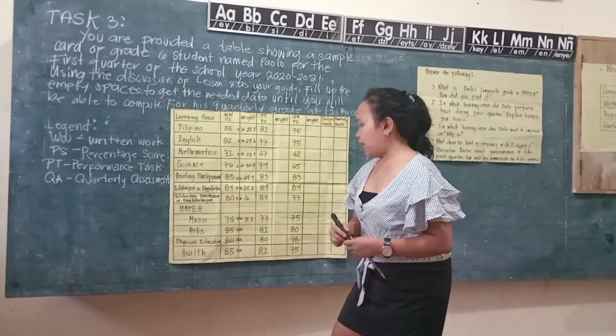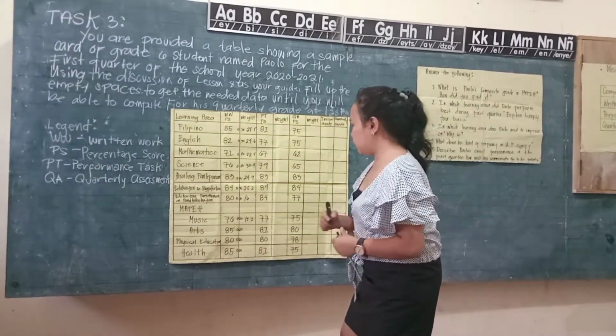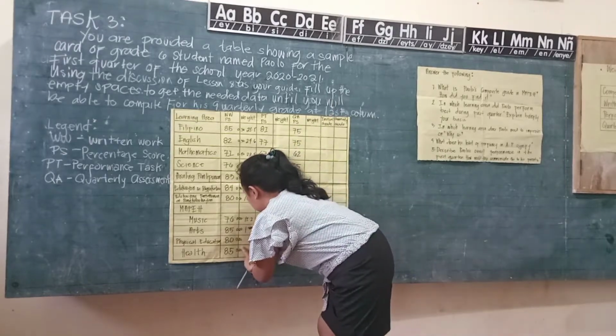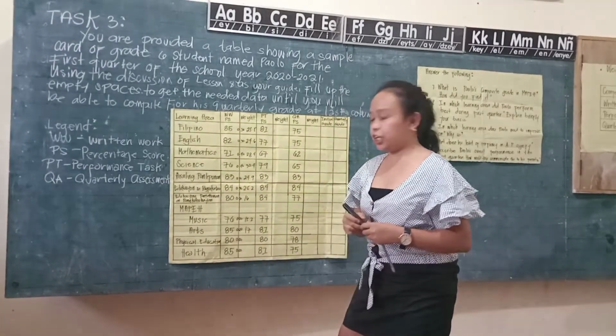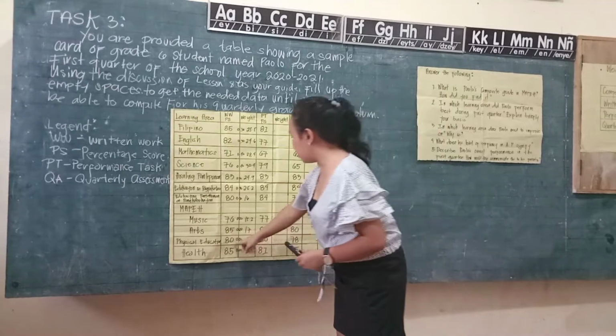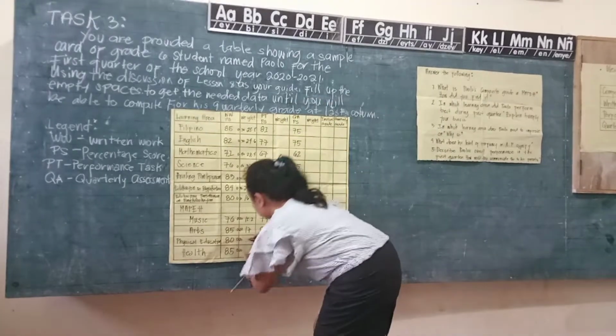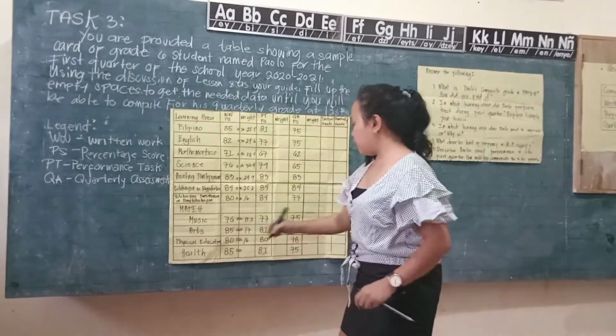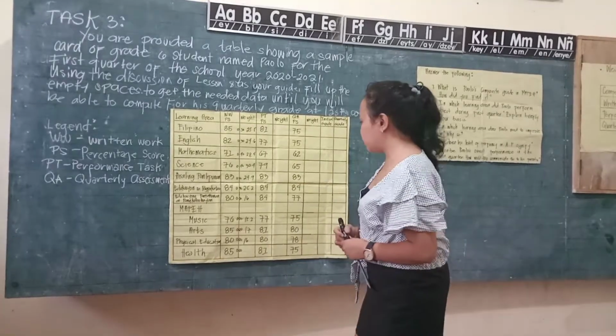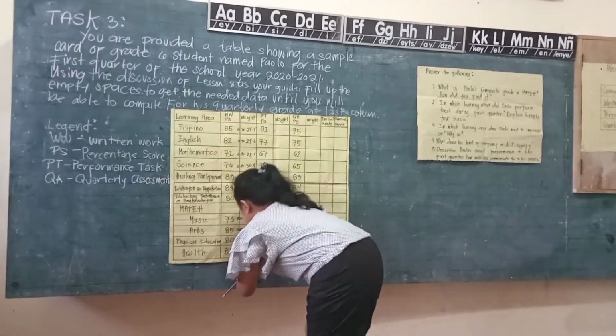Arts, we have 85 times 0.20, 17. Physical education, we have 80 times 0.20, we have 16. And in health, 85 times 0.20 is 17.